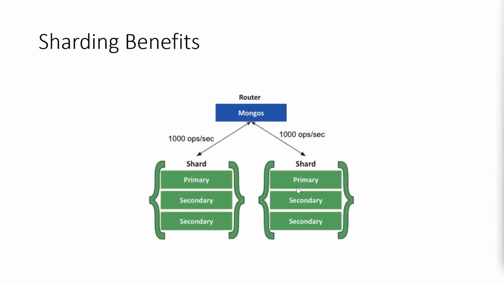So you can say here we have 2 shards, and each can work on 1,000 operations per second. So by distributing across the different shards, we can improve what we call the throughput.